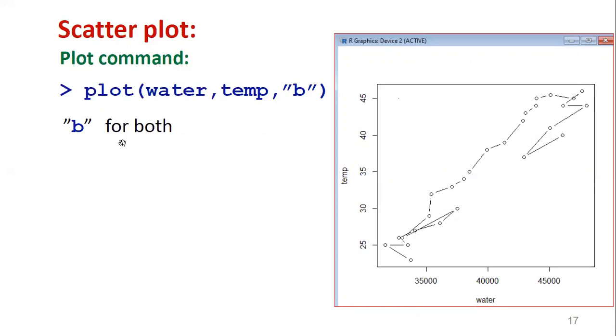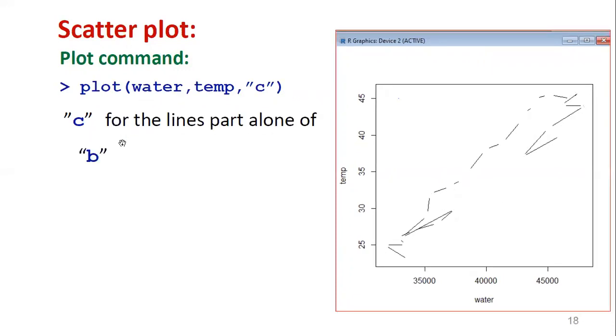So that is use of the type B. Next, by using C for the lines part alone of B. Here you can see some dashed, some smooth lines. So along with the combination of B, it shows. This is the type C.